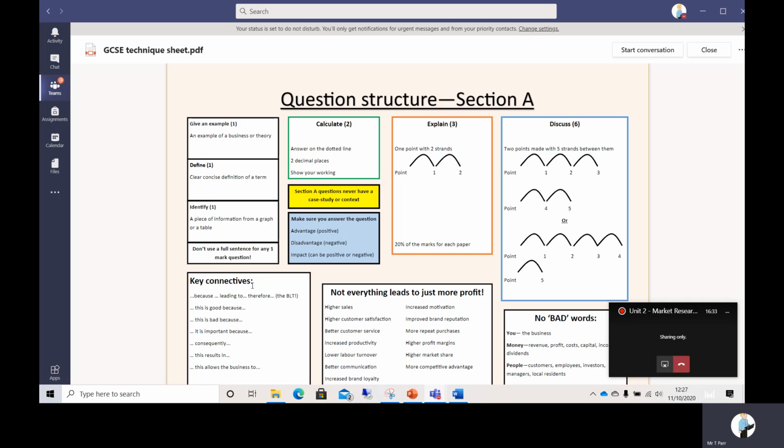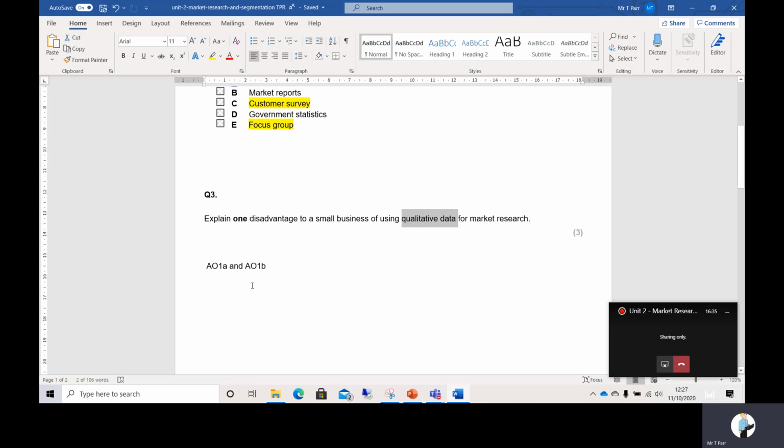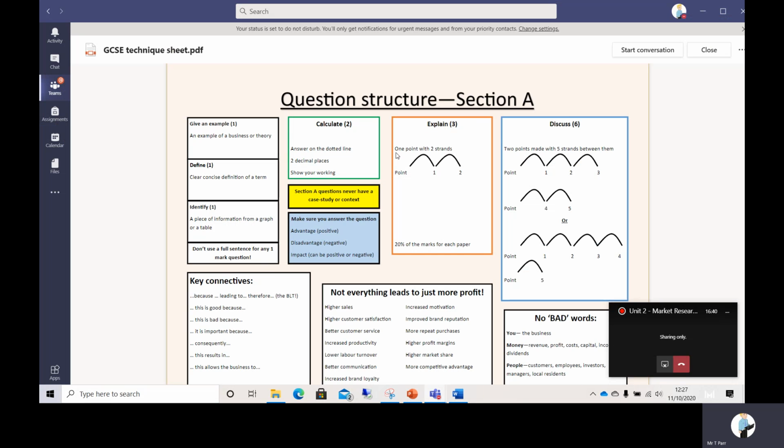So what's the question asking again? What's a disadvantage to a business using qualitative data? So we get a mark for saying what a disadvantage of qualitative data is. And then what we need to do is do 2 of these. This is good because, this is bad because, and this results in. These are the things we're looking at. And I always say, you just got to try and state the obvious.